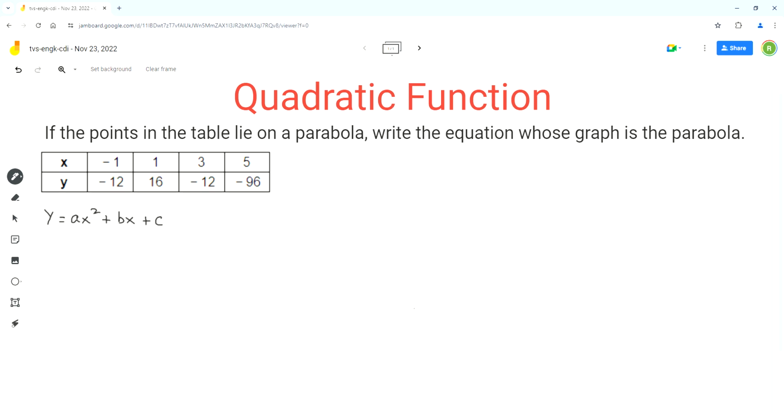So we will sub in three of these 4 points one by one in this equation and then solve for a, b, and c. So let's start with the first point, -1, -12. We should sub in x as -1 and y as -12 in this equation.